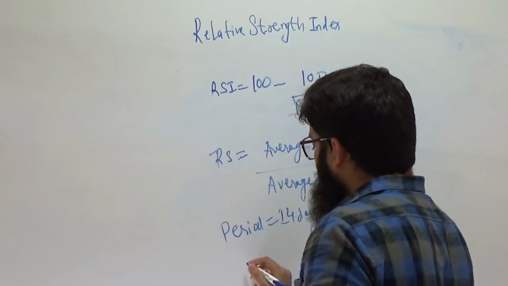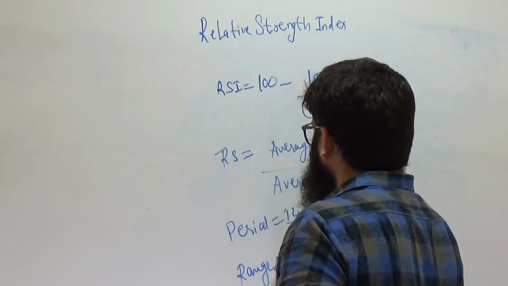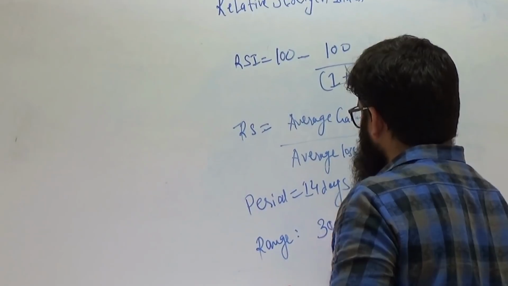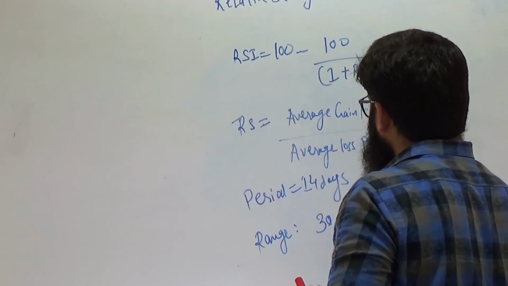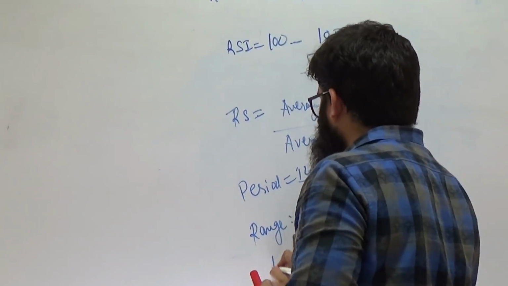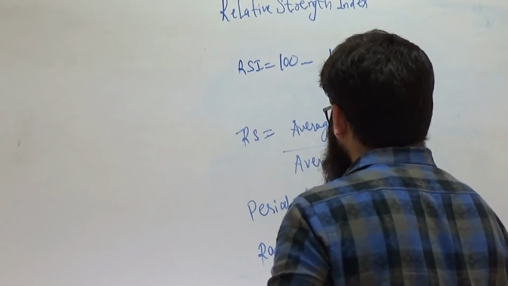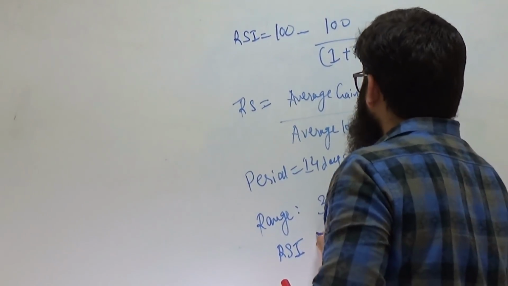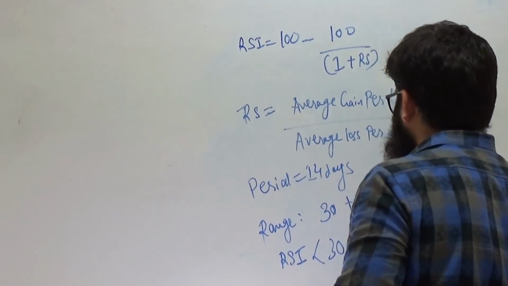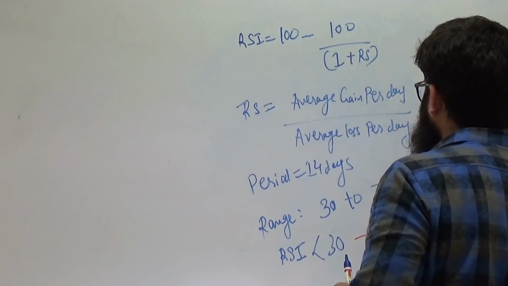Normally the range of the RSI is from 30 to 70. If the RSI level is less than 30, it means the stock is oversold.